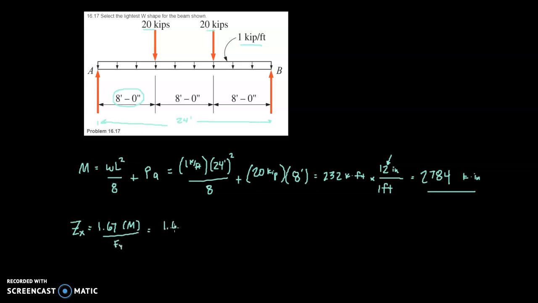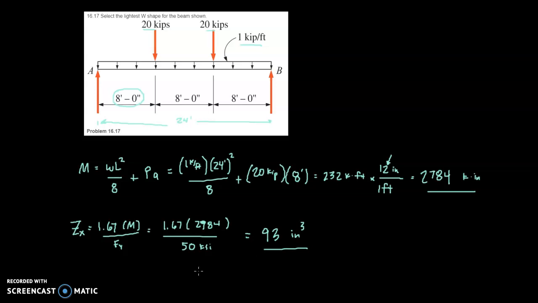Okay, so that's going to be 1.67 times 2784 divided by the yield stress. Wide flange beams almost always have a yield stress of 50 ksi. Okay, so that is equal to 93 inches to the third is how big the plastic section modulus needs to be.